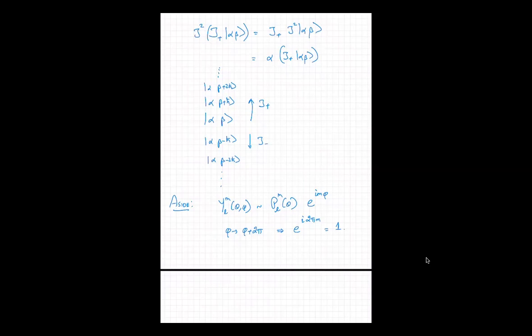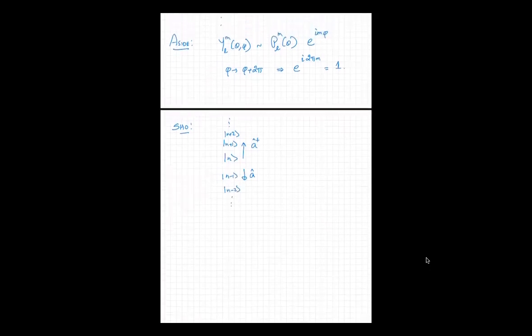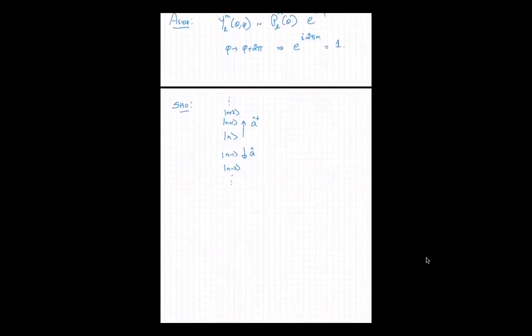Remember that you had some state n, and you could go up by acting with the a dagger operator to states n plus 1, n plus 2, and so on, or act with a and go to n minus 1, n minus 2, and so on. And we found that this ladder has a lower limit.